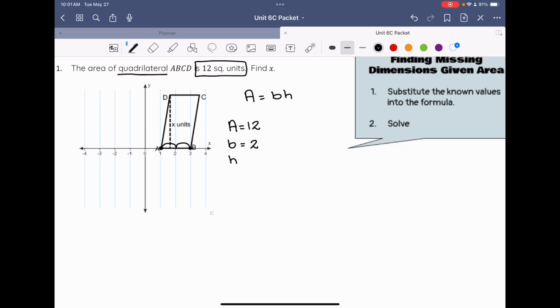And I am asked to find x, which is the height. So I'm going to plug those into my formula. So 12 equals 2 times x. I'm going to solve for x. So divide both sides by 2. My 2's cancel. 12 divided by 2 is 6. And 6 is x.